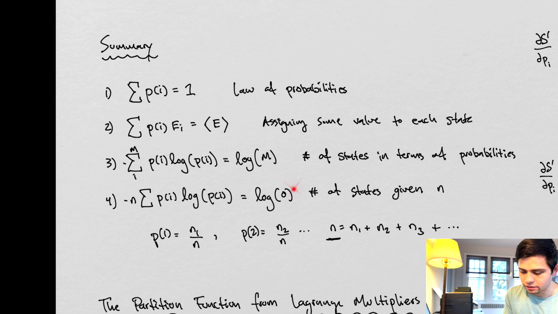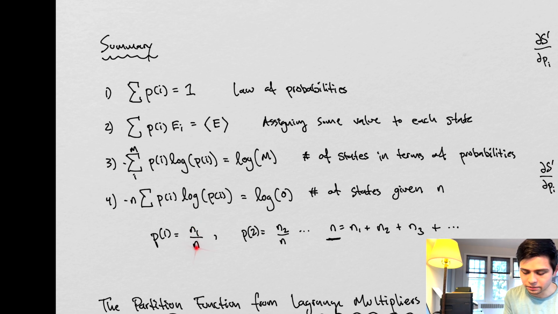Then we calculated the same thing essentially, right? This is the occupation number, O. This is the number of states given some value n, right? What is this n? This n is the total number of states, right? So you have state 1.